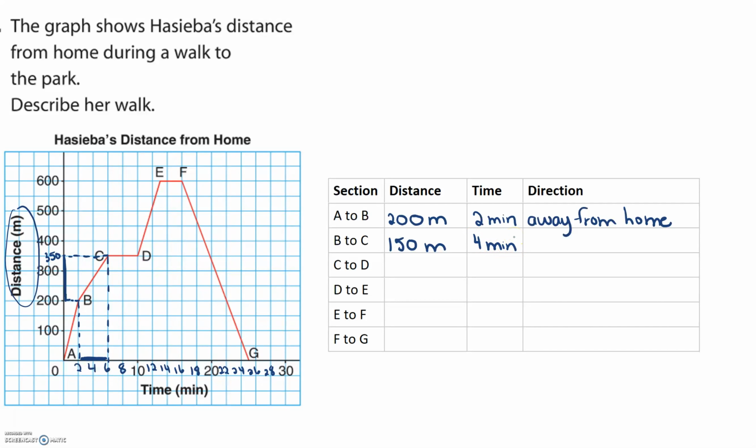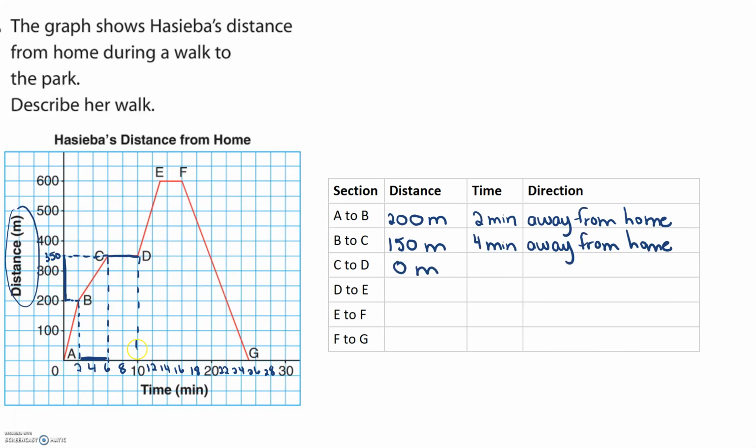And again, this is the same kind of thing. She's walking away from her home because the line keeps going up, so her distance keeps increasing from her home. Now from section C to D, it stays at 350, so the distance is actually 0 meters. She's not walking anywhere, but it does take her time.